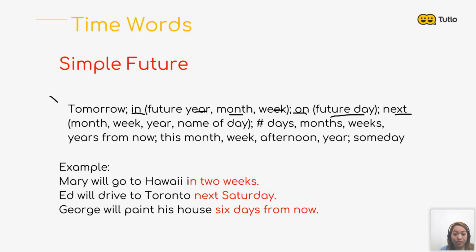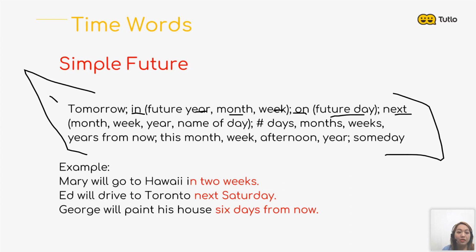We can talk about the number of days, the number of months, weeks, years from now, this month, week, afternoon, year, and someday. Good. Again, these are your time words and expressions that you can use when you want to talk about simple future.